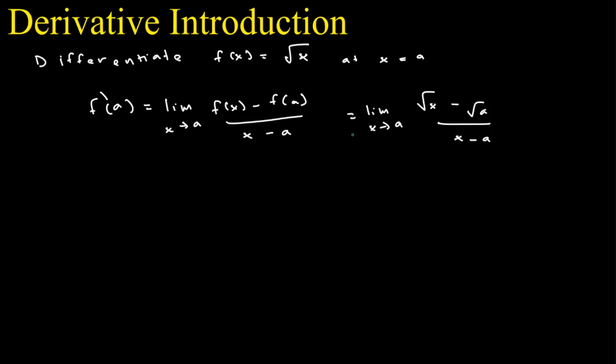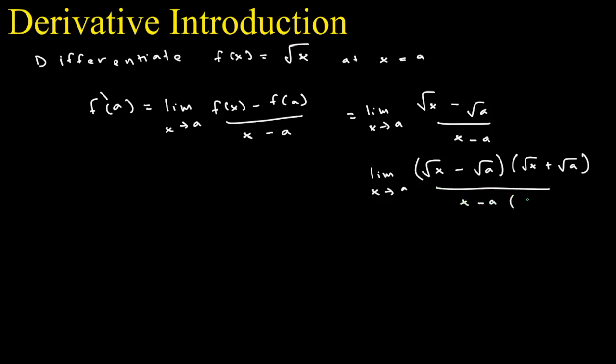This limit is not the most trivial to solve, but there's a method where you multiply by the conjugate in the numerator. We multiply by the conjugate in the numerator and denominator, because then it's just like multiplying by 1.